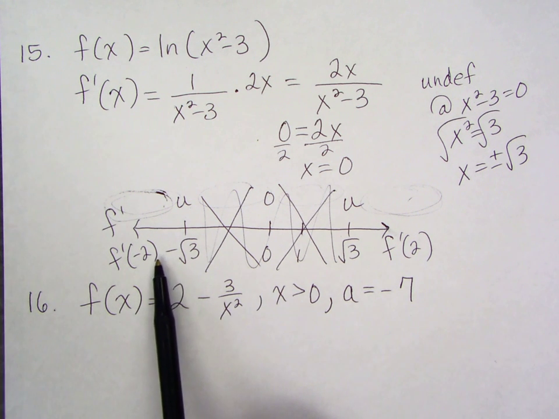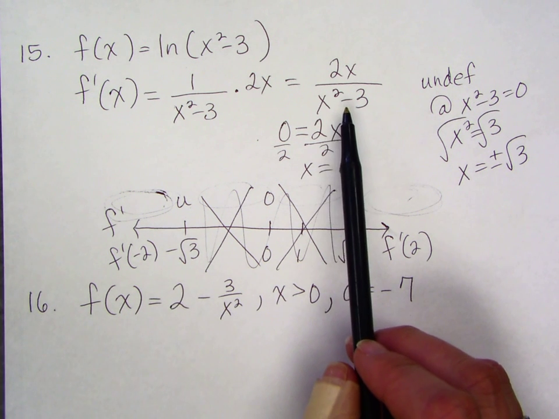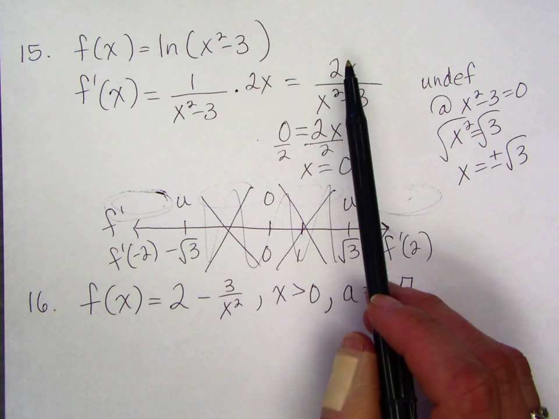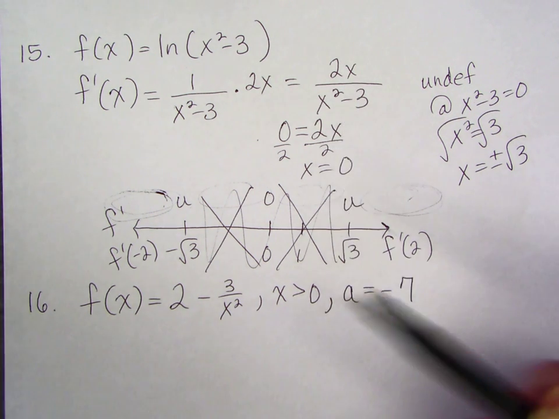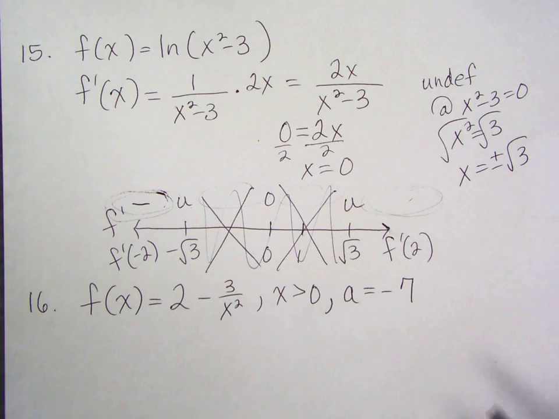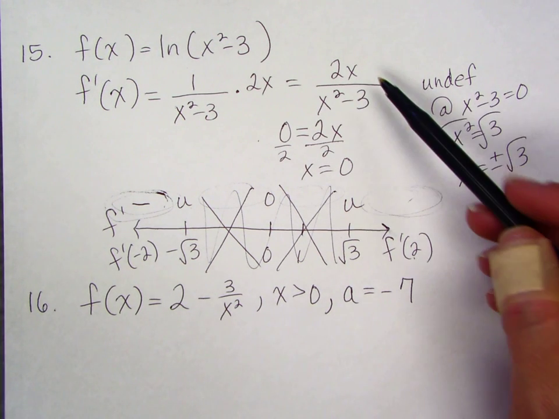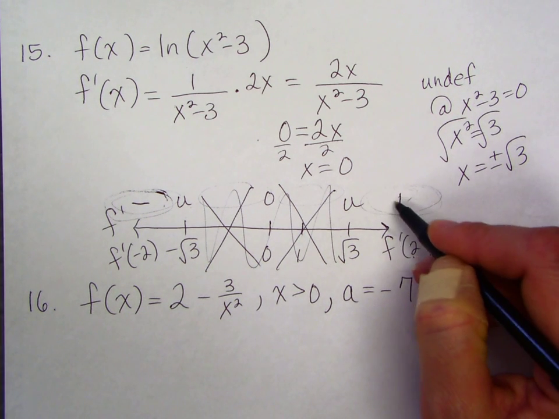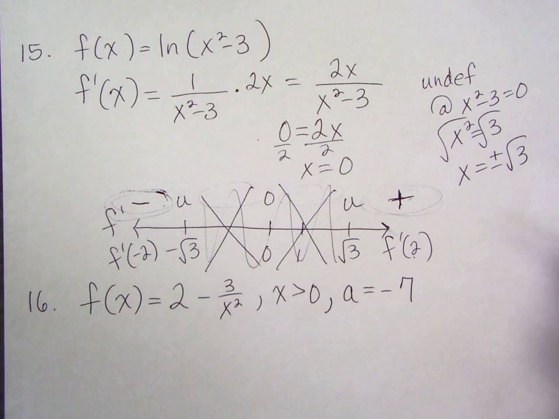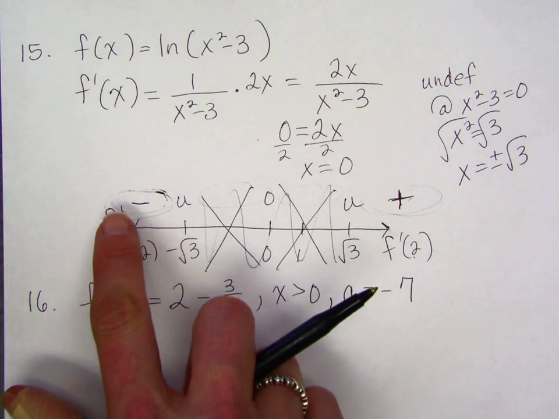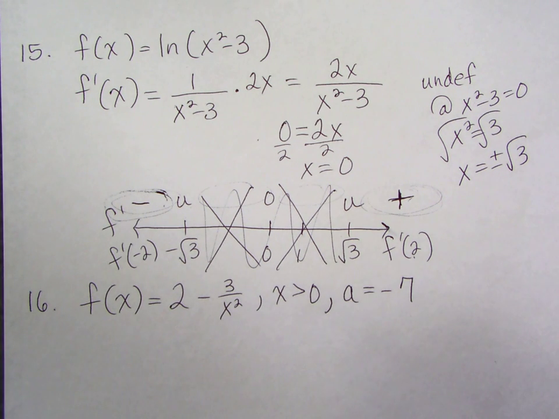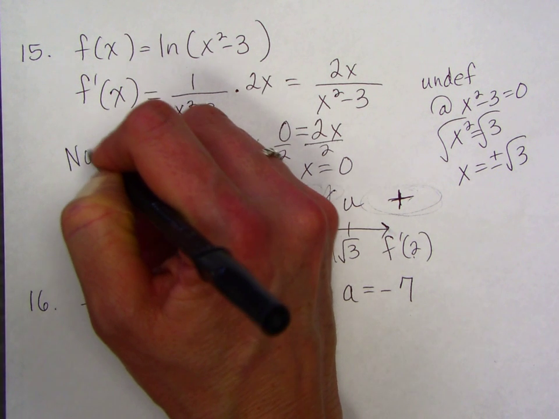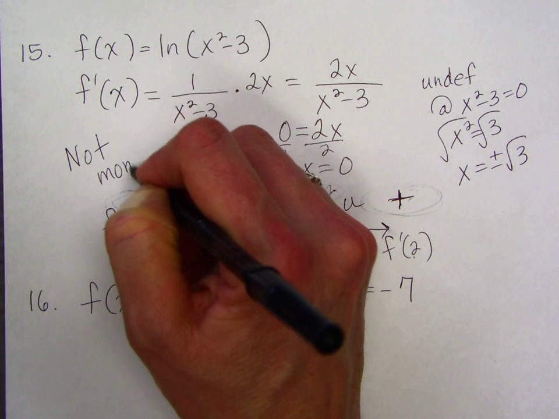When you plug -2 in there, don't you get a negative on top and a positive on the bottom? So that would be negative. When you plug +2 in there, you get a positive on top and a positive on the bottom, which would be positive. And that is not monotonic. Again, to be monotonic, it has to either be always increasing or always decreasing. So the answer to the question is the function is not monotonic.